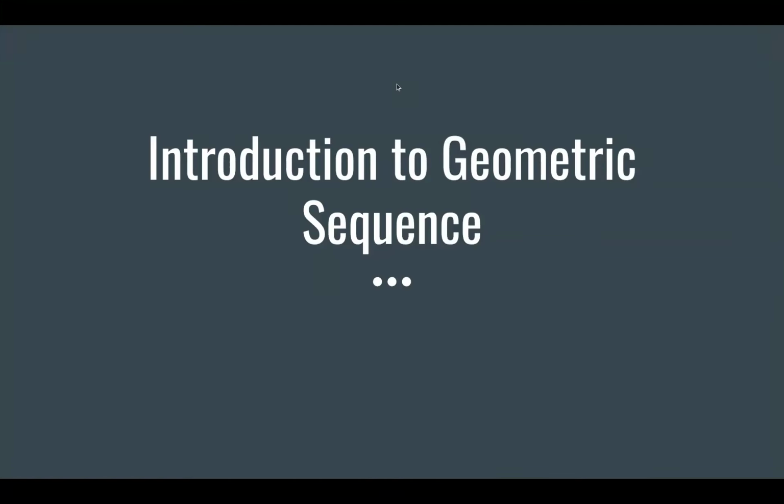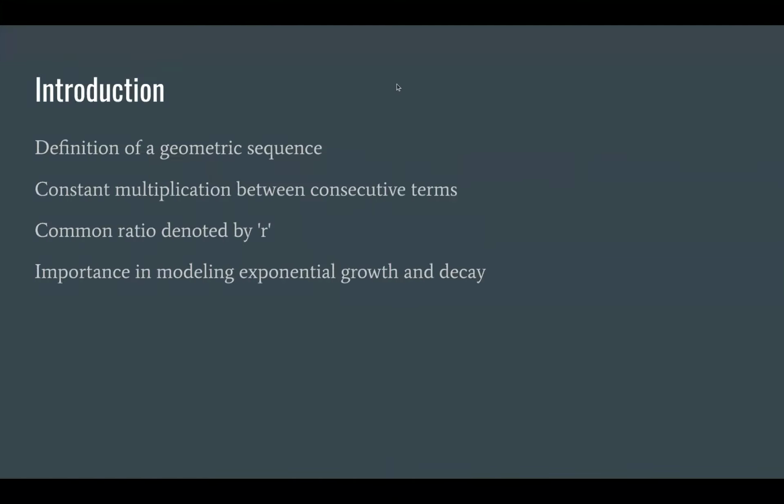Introduction to Geometric Sequence. Hello, everyone. We're going to look into geometric sequences. A geometric sequence is a sequence of numbers where each term after the first is found by multiplying the previous term by a constant.